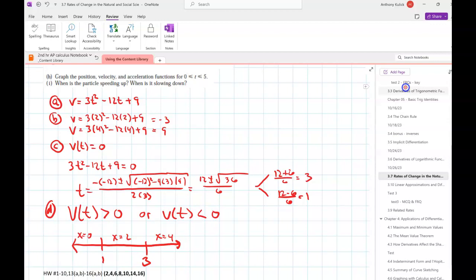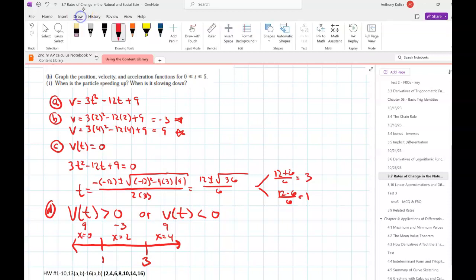So here's the beautiful part. At 0, what is the velocity got to be? 9. At 2, what's the velocity? We already found it. It's negative 3. And at 4, what is the velocity? 9, we already found it. So what am I seeing?